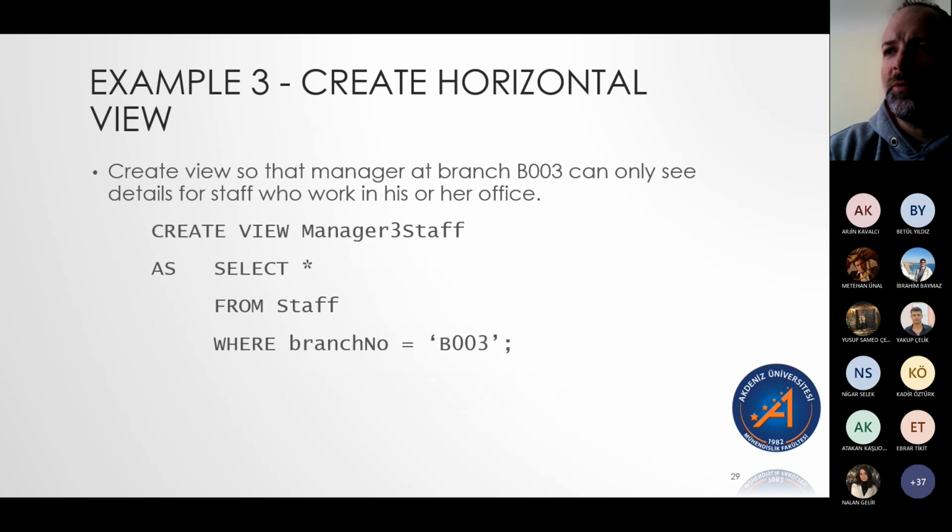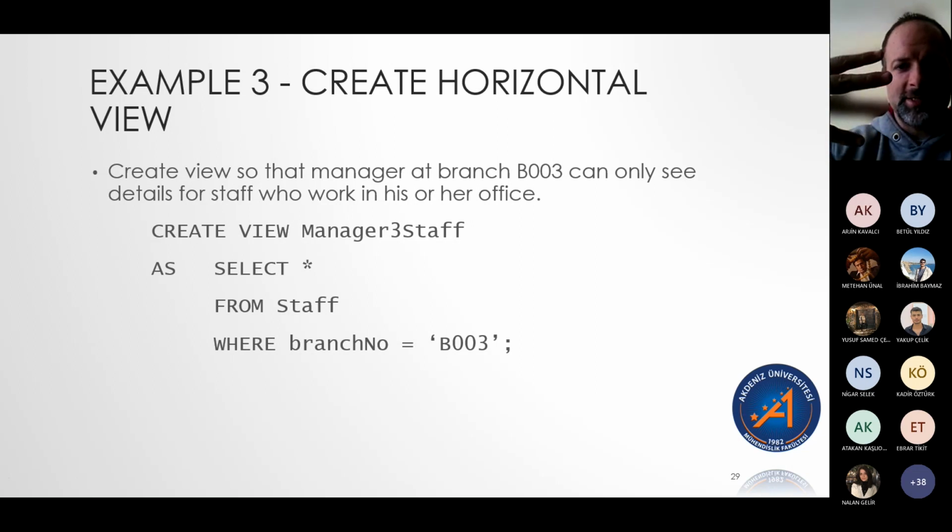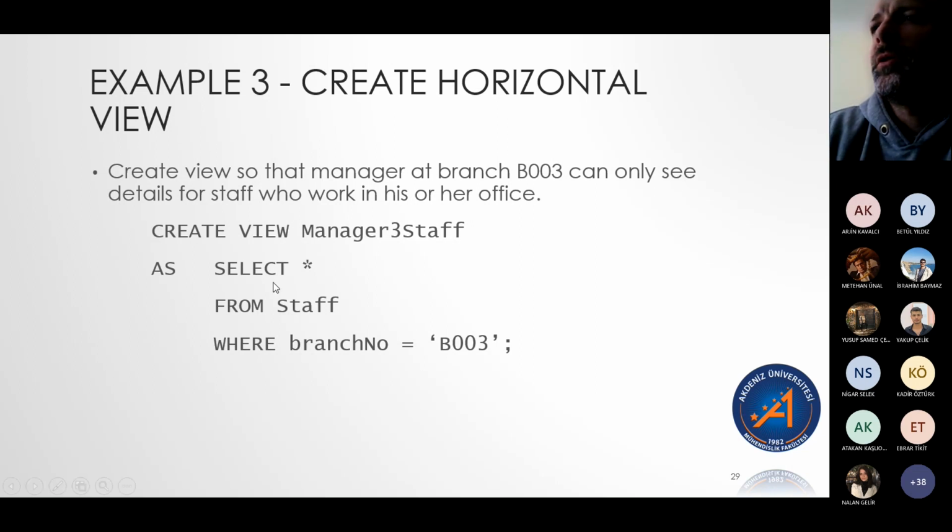So here might be an example where we're going to create what we call a horizontal view, meaning we're only going to have a subselect that includes a limited number of rows. So we're going to take all of the rows and say, okay, we're only going to look at some of them. So this might be the manager for branch 3, the staff table.